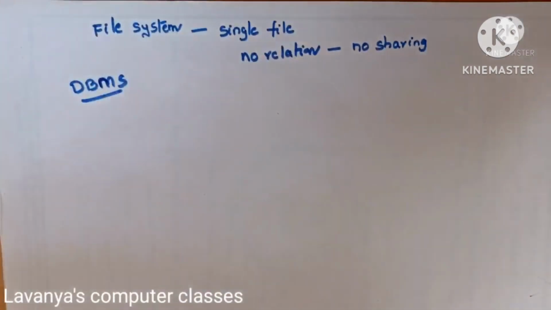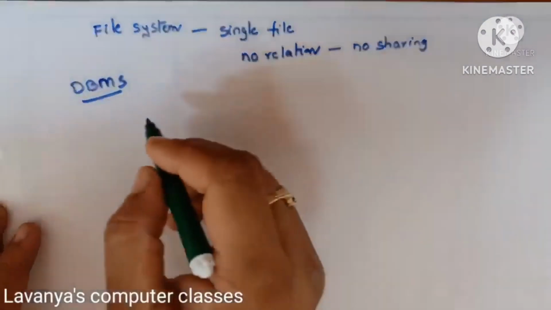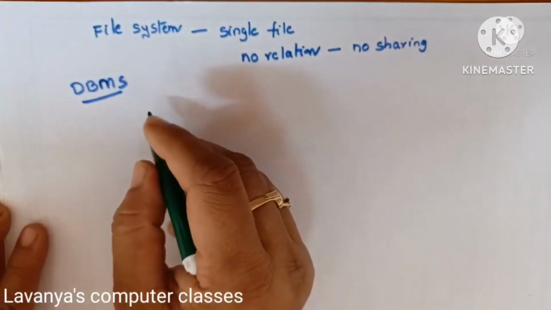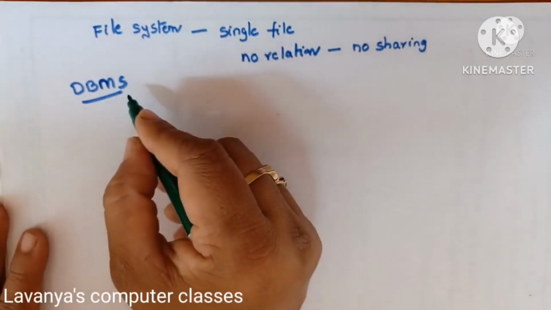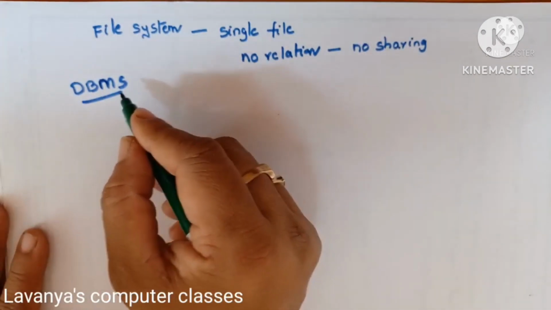What is the full form of DBMS? Database management system. Already we know what data and database are. Now what is a database management system? What is database management? We have to manage some database.